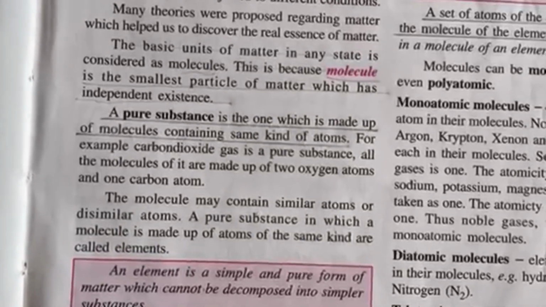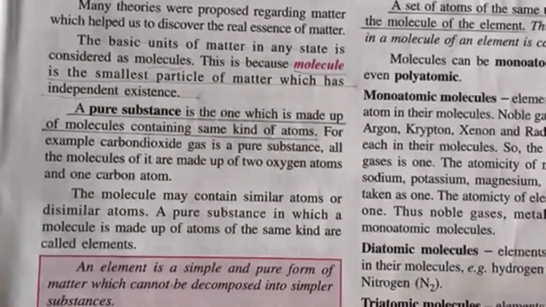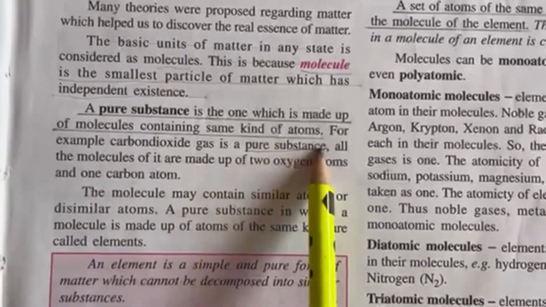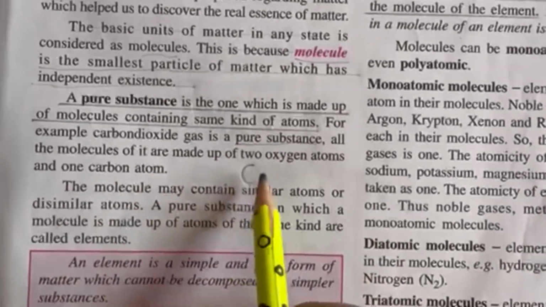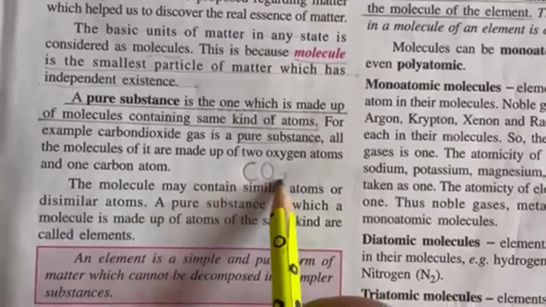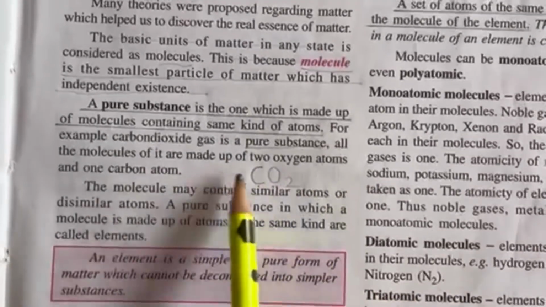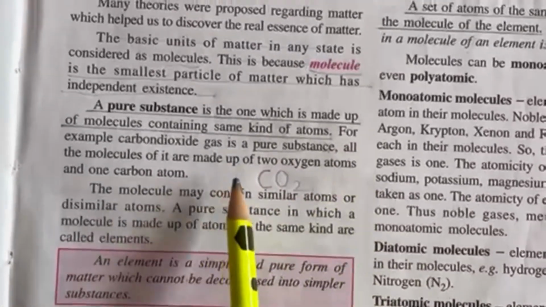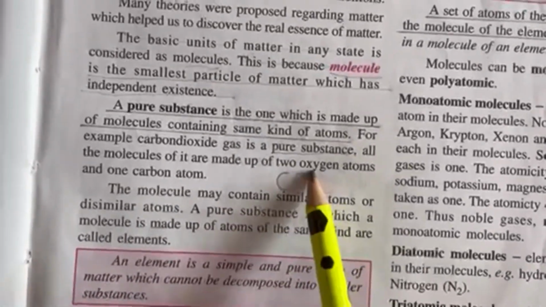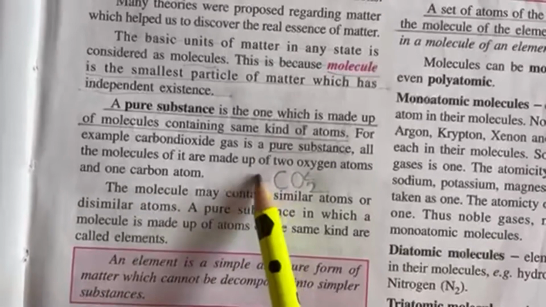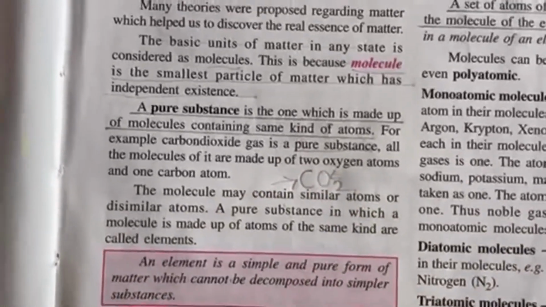For example, carbon dioxide gas is a pure substance. What is the formula of carbon dioxide? CO2. So, the molecules of carbon dioxide are made up of two atoms of oxygen and one atom of carbon. So, it is a pure substance.